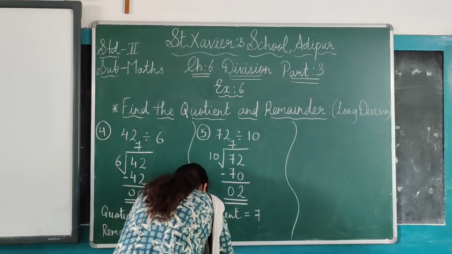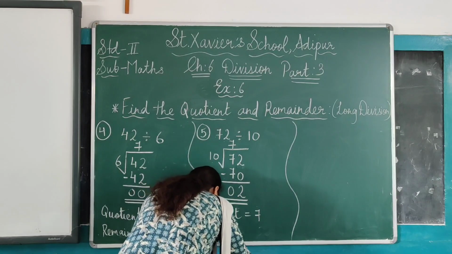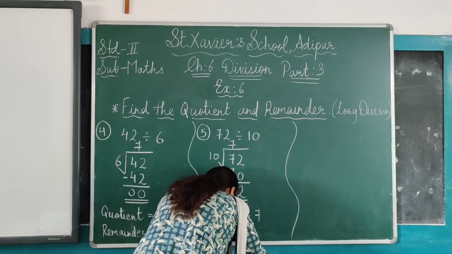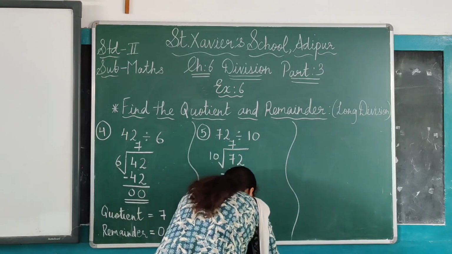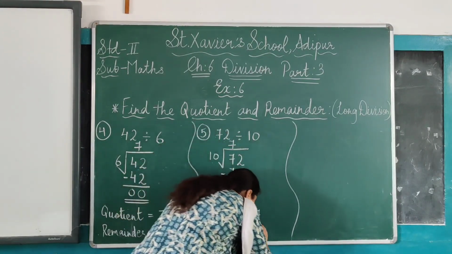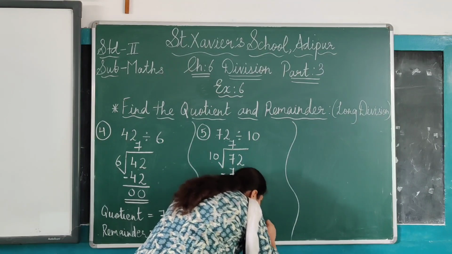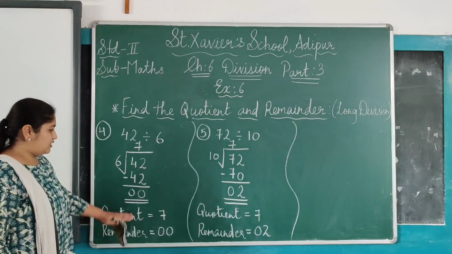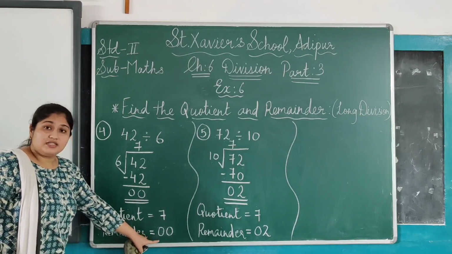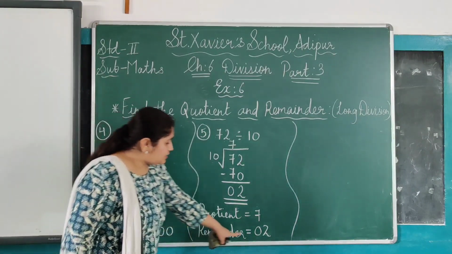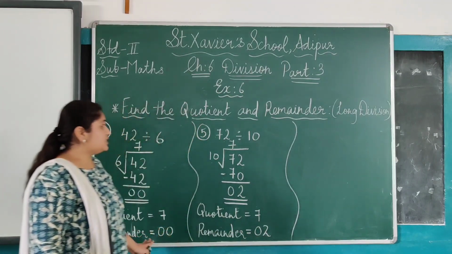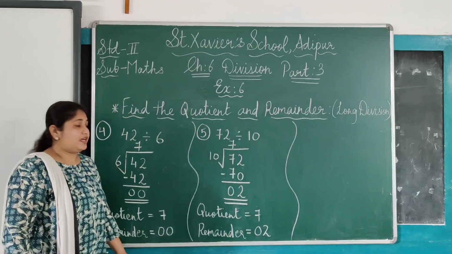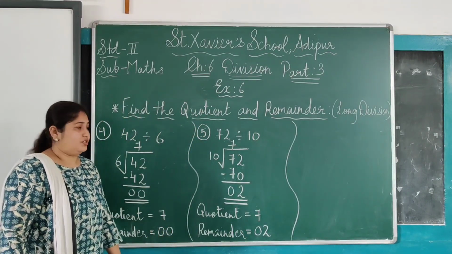And remainder क्या है my dear students? Remainder is 2. See, देखो यहाँ पे remainder is 0 and your remainder is 2. Okay, so this is about the long division. ऐसे होता है long division.